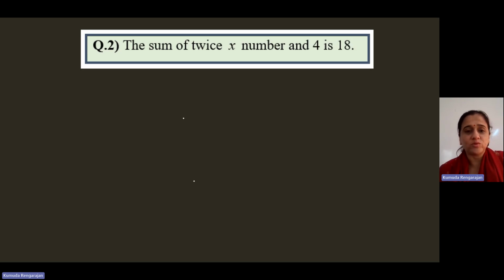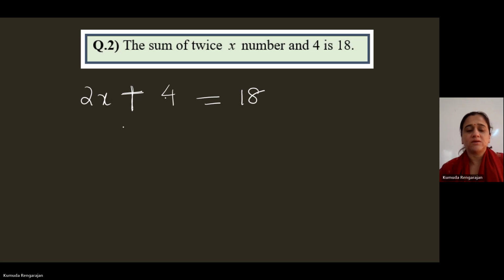Twice the number x is 2x, correct? So the sum of twice the number x and 4 is 18, where the equal to sign stands for 'is'. The sum of twice the number x and 4 is equal to 18.